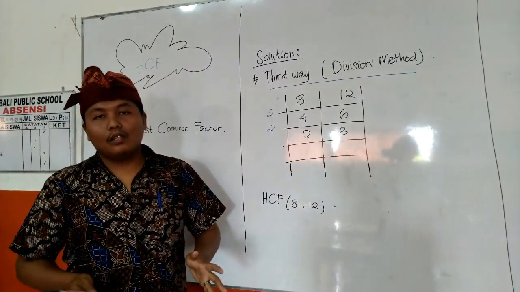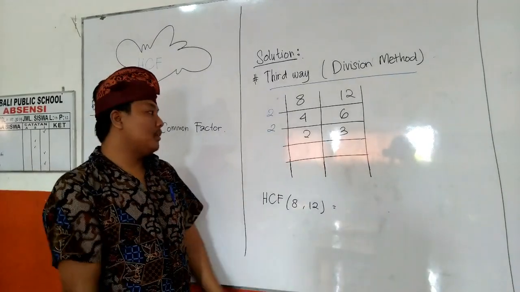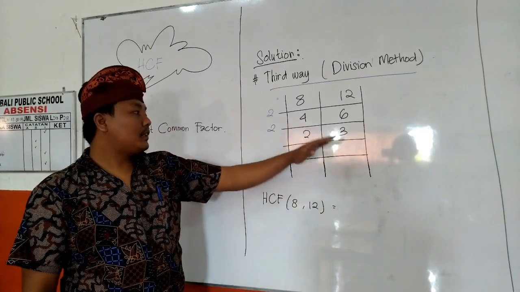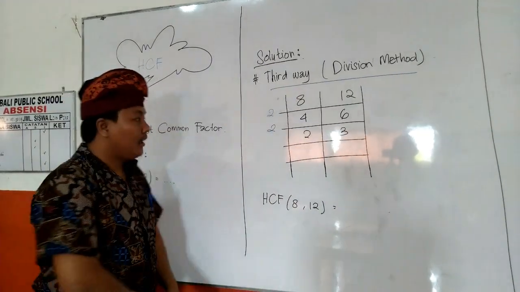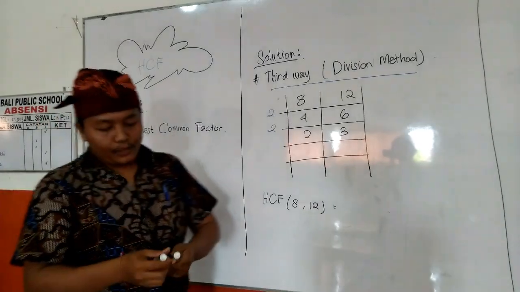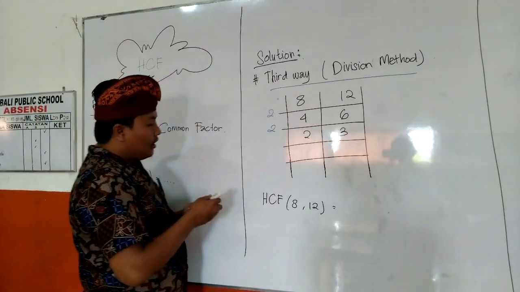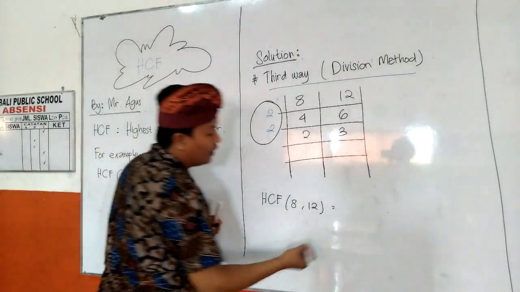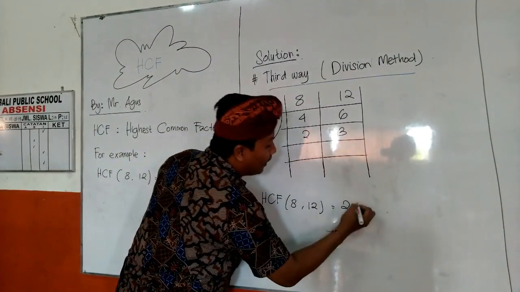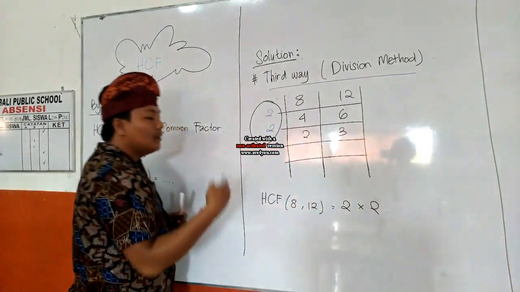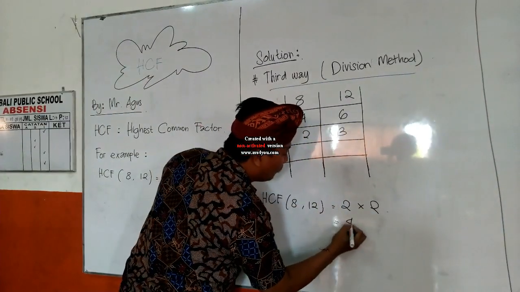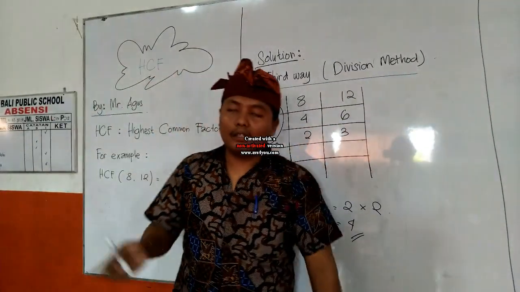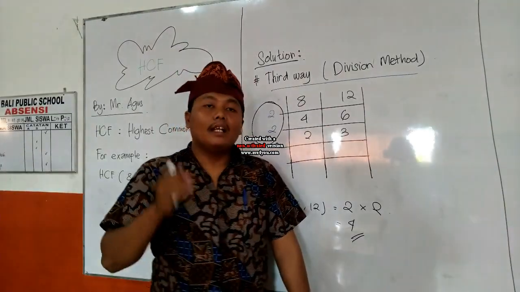The answer is no. There is no prime number that can divide 2 and 3. So after that, stop the process. And then to find the HCF, you just multiply the numbers that you used here, and you will get 2 and 2. So 2 times 2 equals 4. So the answer is the same as the first way and the second way.